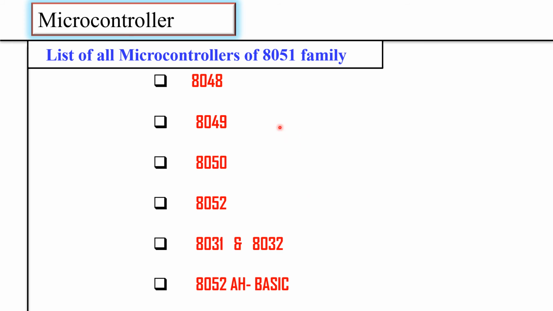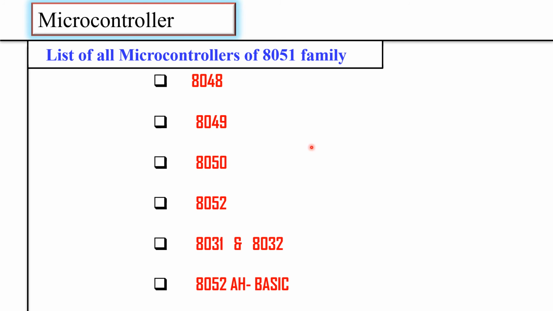See, these are all microcontrollers of the 8051 family. The Intel first microcontroller was 8048. 8048, 8049, 8050, all these have identical architecture with different memory sizes.